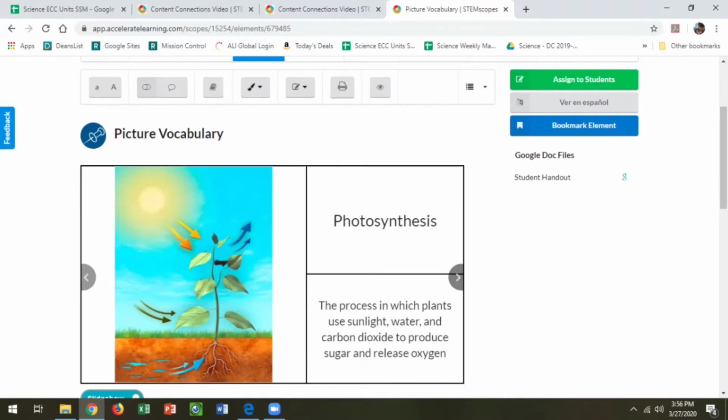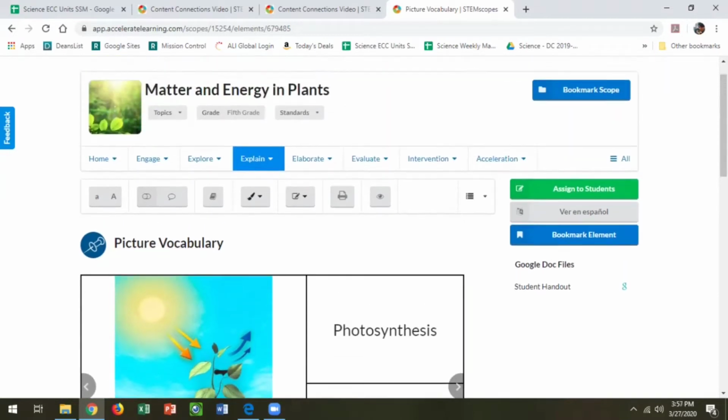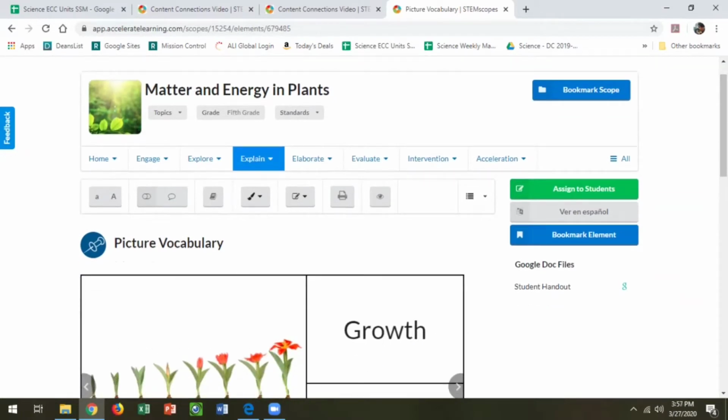If we want to simplify that down a little bit, photosynthesis is how plants make their food. And those are all of our words. Okay, now that we got the vocab out of the way, let's get to the video.